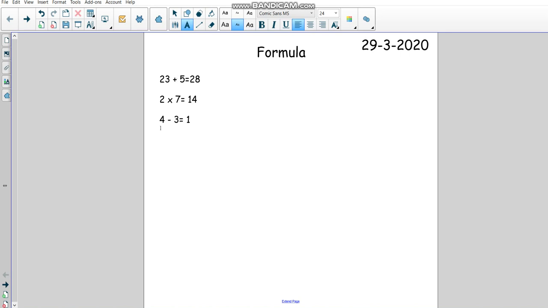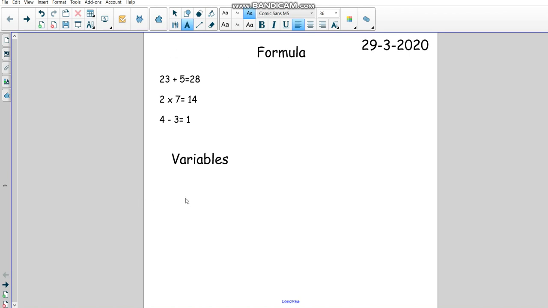But once we start the algebraic world, we will start dealing with the idea of variables, which are values and expressions which can change.